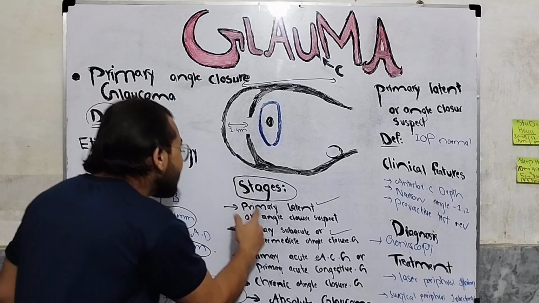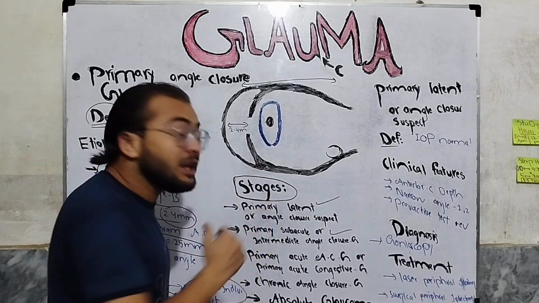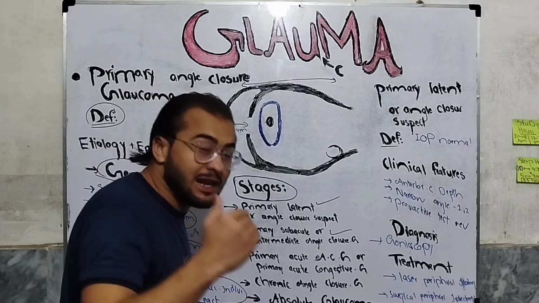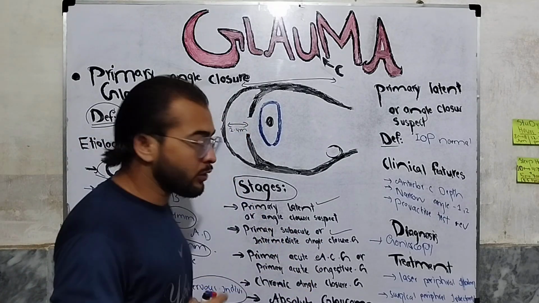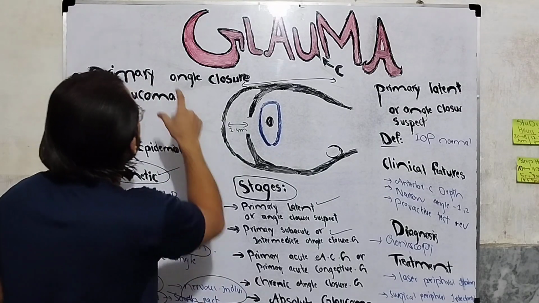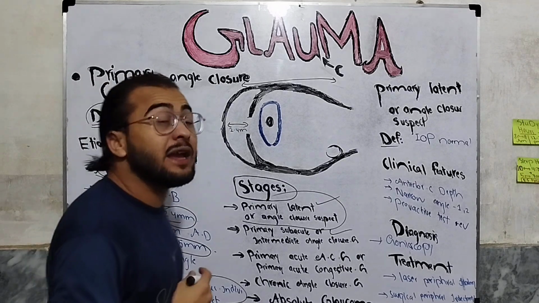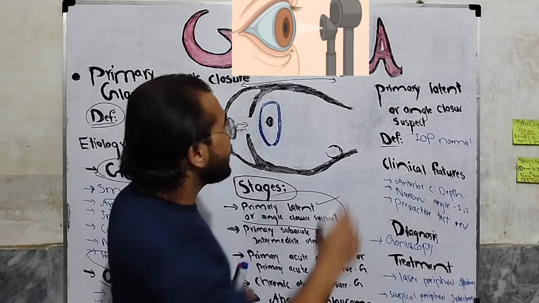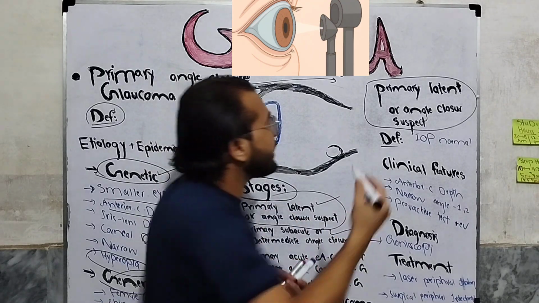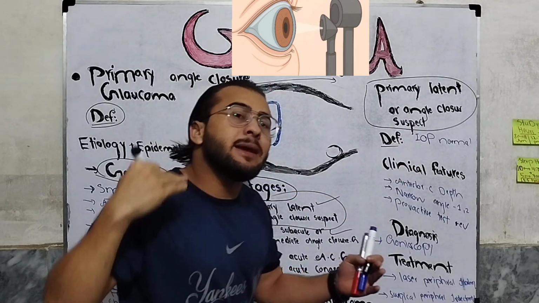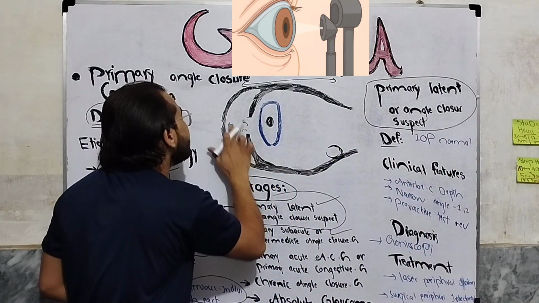So the first stage is the primary latent or angle closure suspect. We will discuss each stage with details: the pathogenesis, clinical features, diagnosis and treatment. When a patient presents to us in this stage, he or she will be absolutely normal. The intraocular pressure will be absolutely normal.